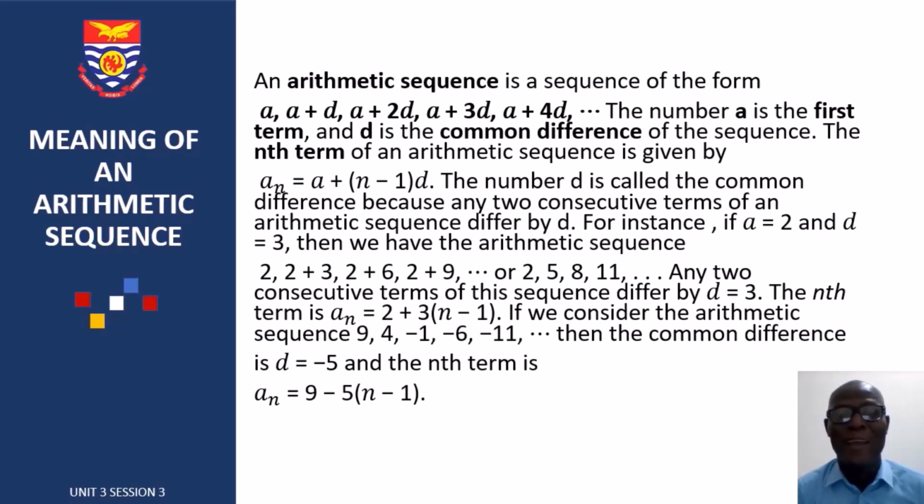Now we can find the general term or the nth term of this sequence, knowing our common difference and the first term. So the nth term, A subscript n equals the first term, which is 9, minus the common difference, negative 5 multiplying into braces n minus 1.